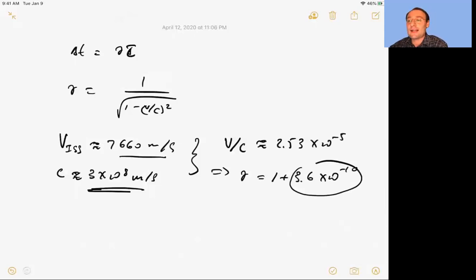So that's 1 in 10 billion. So that means if you have a clock that ticks at 10 billion oscillations per second, every 10 billion, or 30 billion really, cycles, the two clocks will be off by 1 cycle.